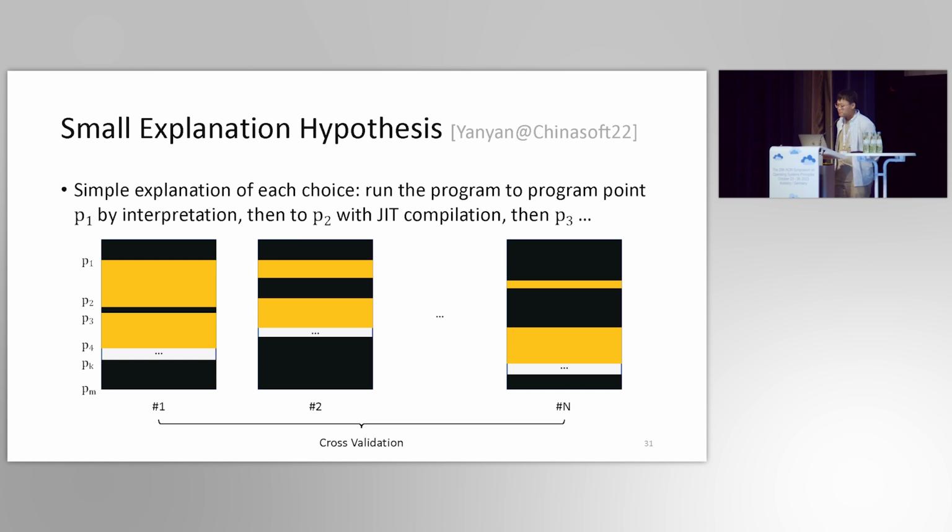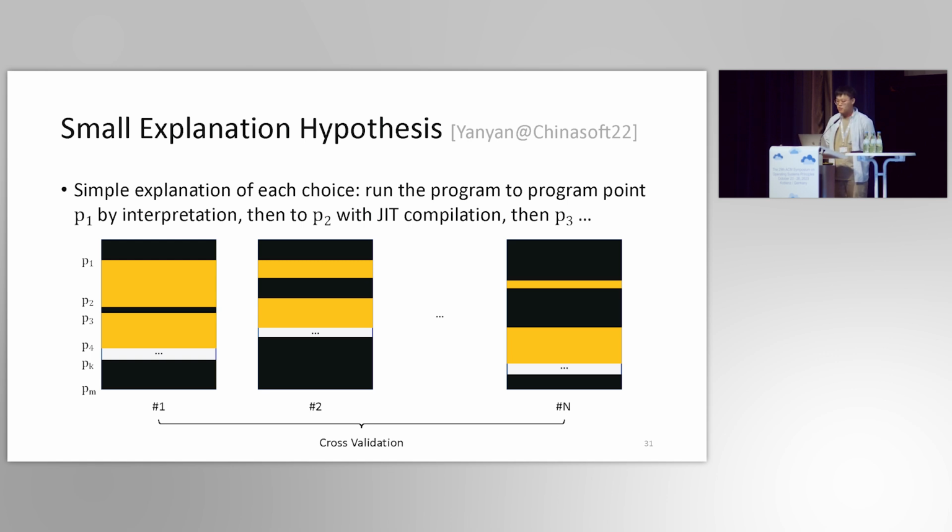For others, we apply a very different interleaving, and in the end, we cross-validate their results. This is based on the small exploration hypothesis proposed by one of my mentors, Yanyan, and he is also applying this hypothesis to many works now.